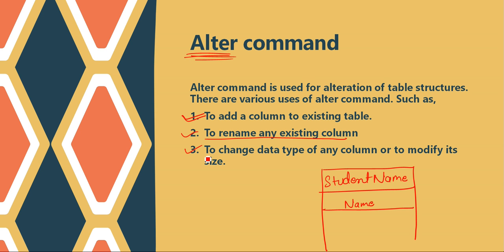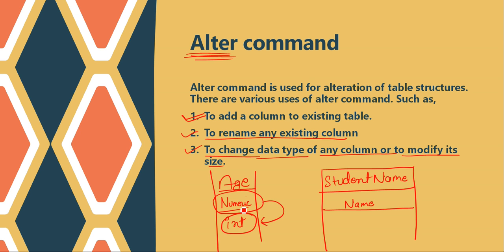The next thing is to change the data type of any column or modify its size. Let's say I have created the age column, and by mistake I have defined it as numeric. Obviously age should be of integer data type. So when you want to change the data type of any column, again you need to use this alter command.